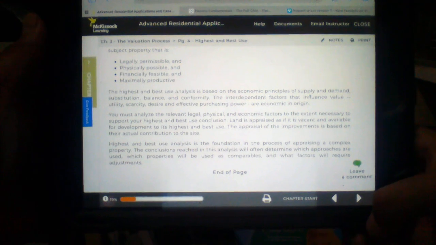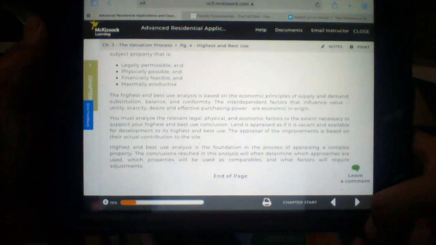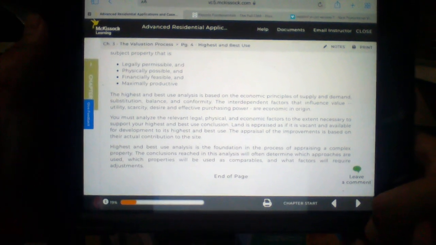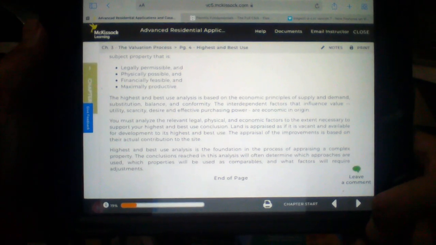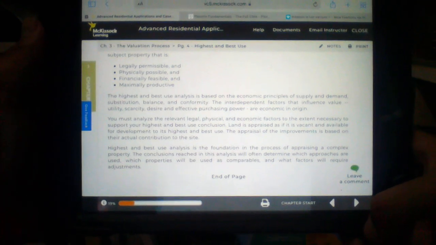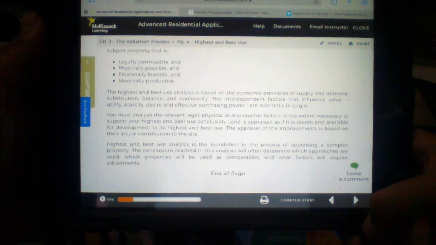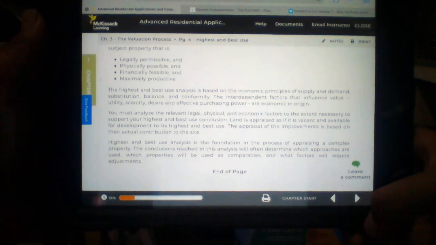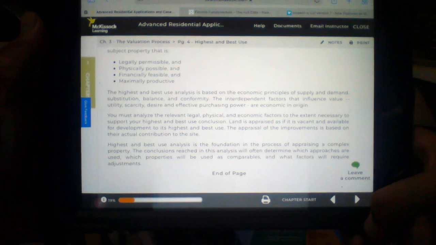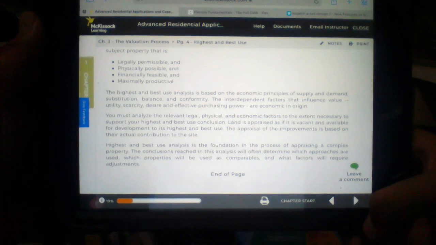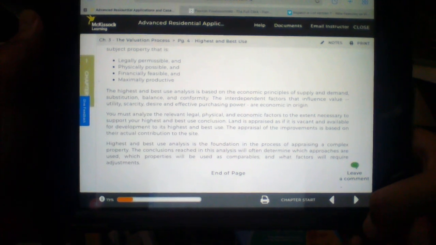The highest and best use analysis is based on the economic principles of supply and demand, substitution, balance, and conformity. The interdependent factors that influence value, utility, scarcity, desire, and effective purchasing power are economic in origin.